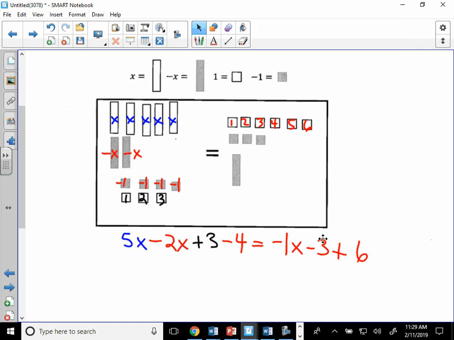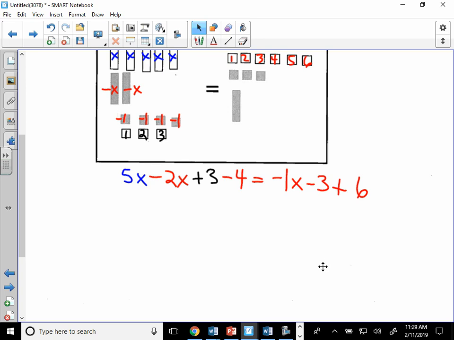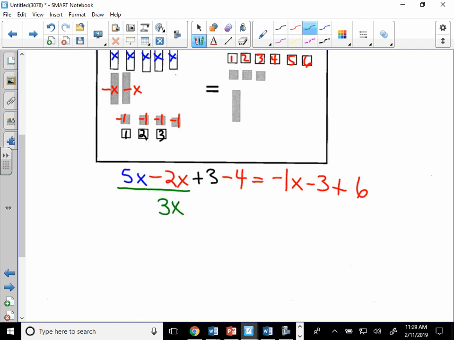So the next step is you want to combine your like terms. So I have a 5x minus 2x on this side, which gives me 3x. And then a plus 3 minus 4 is a negative 1. On the right side, I have a negative 1x plus 3.